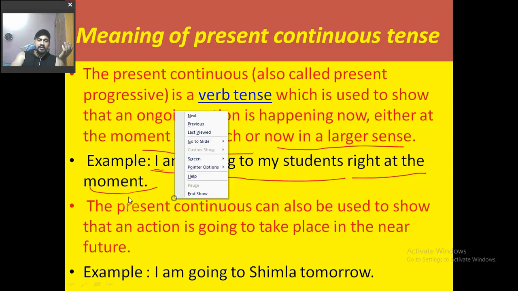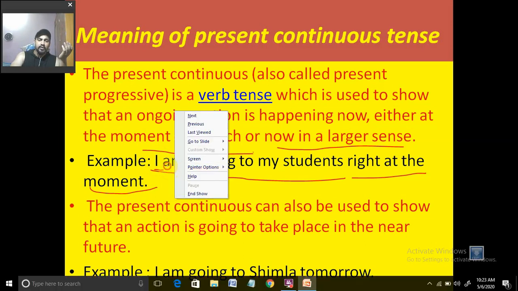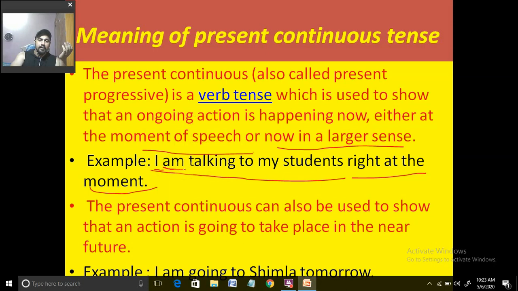In present continuous tense, we use is, am, are as our helping verb or auxiliary verb. We use is for the singular, am for I only, and are for the plural and you, the second person pronoun. In case of plural nouns, we use are, and in case of singular nouns, we use is. That you need to know.